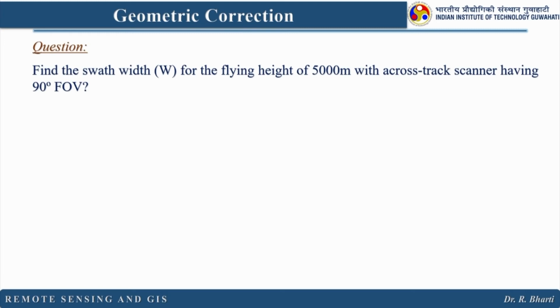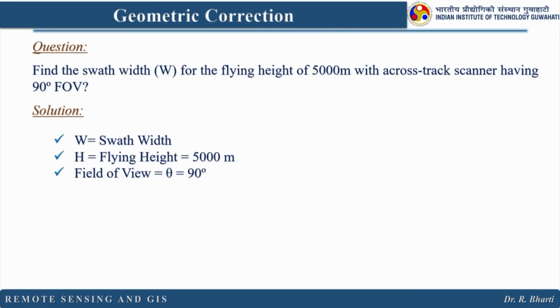There is a question: how to find the swath width for a flying height of 5000 meters with a cross track scanner having a 90 degree FOV? How to solve this? These parameters you can easily use in the equation, and here we have used W to define the swath width.